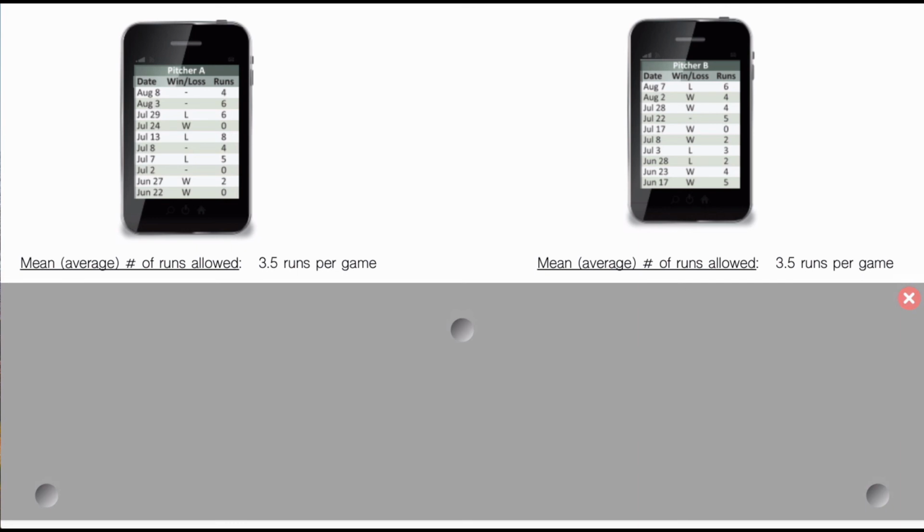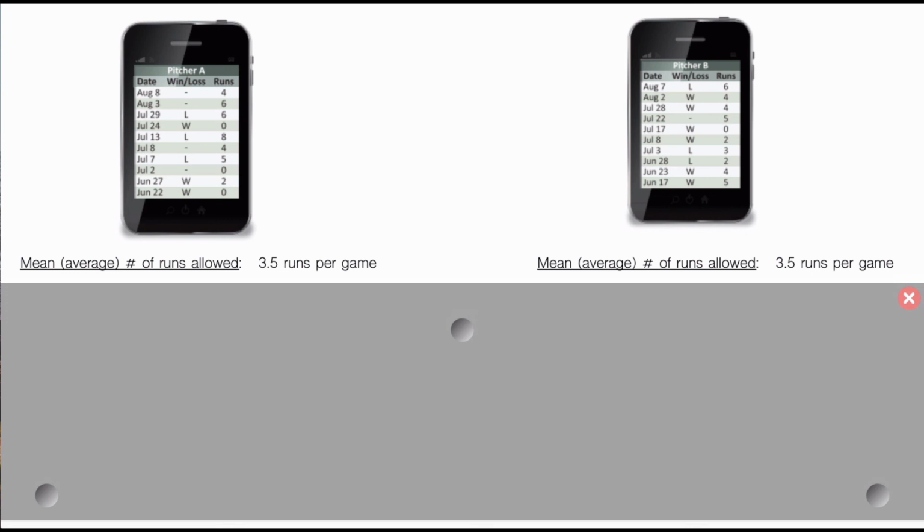I need something to help me better distinguish these two pitchers. How do I know which one's better than the other? What's another measure that could help me? Well, the mean absolute deviation is going to tell me which person has less variation, which person is more consistent.